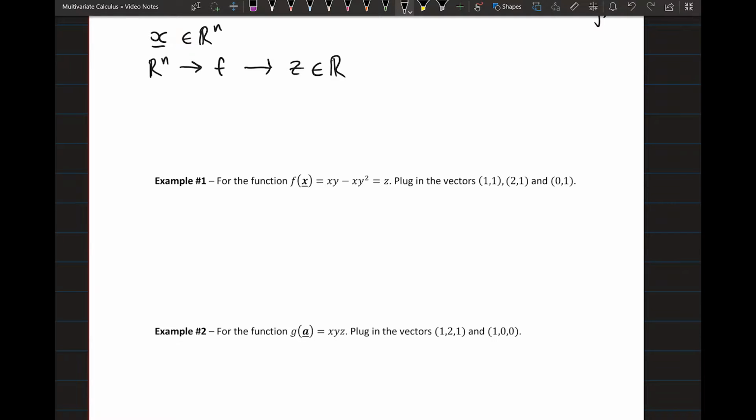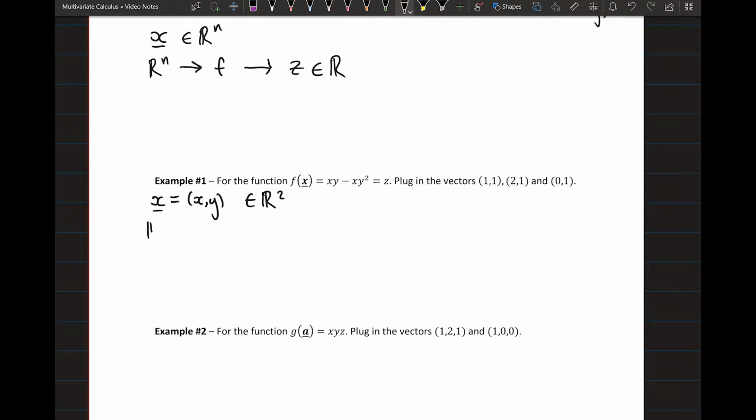So first of all, let's identify what our vector is. Well, the variables that we have on the right-hand side are x and y. So that would mean we have an x and a y vector. And that means we have a vector in R2.